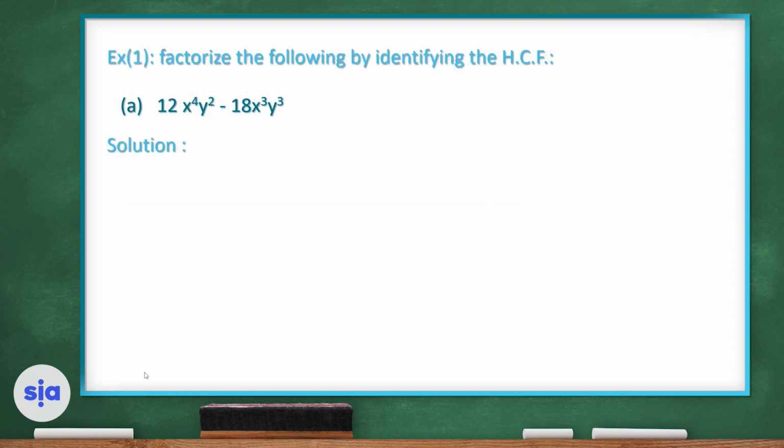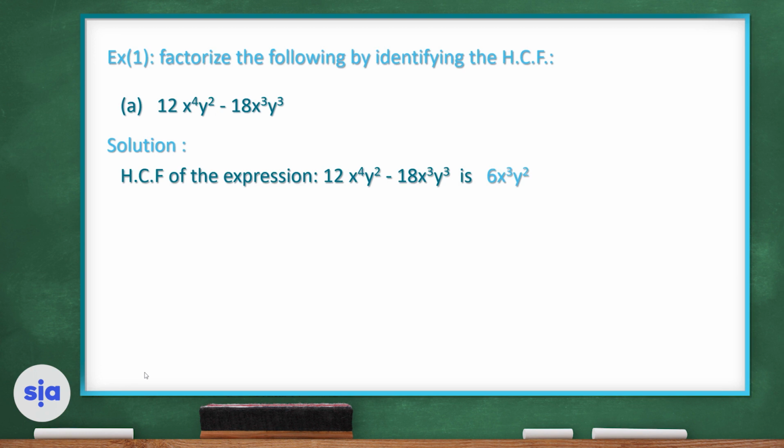Let's go to exercise 1. Factorize the following by identifying the HCF. Let's first try finding the HCF of 12x power 4y squared minus 18x cubed y cubed. The HCF of 12 and 18 is 6. The x is there in both, so we take it with the smaller power, x power 3.